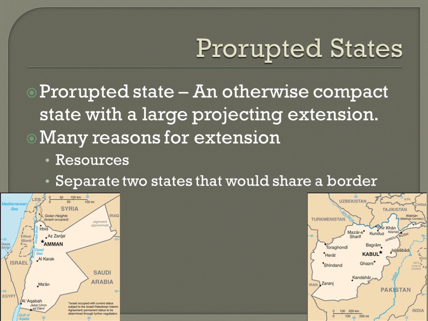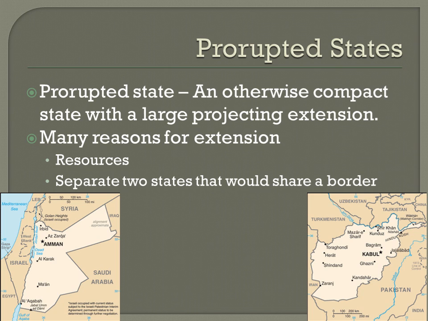A prorupted state, by definition, is an otherwise compact state with a large projecting extension. A lot of times students don't struggle with compact, elongated, and fragmented because it kind of makes sense. They've heard those terms before. A lot of times prorupted is one that we're not as familiar with. One way that I've heard students remember this, and I really like this, is prorupt sounds like erupt.